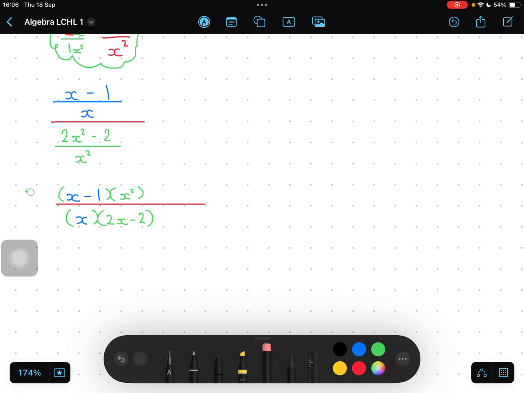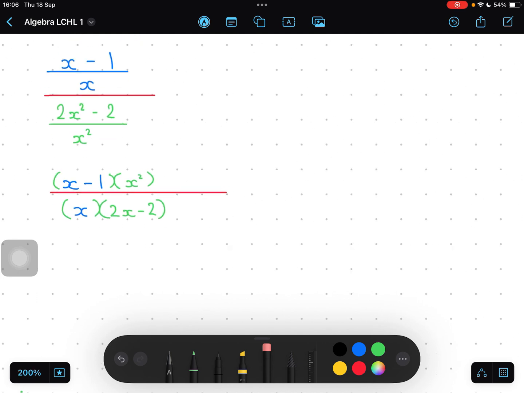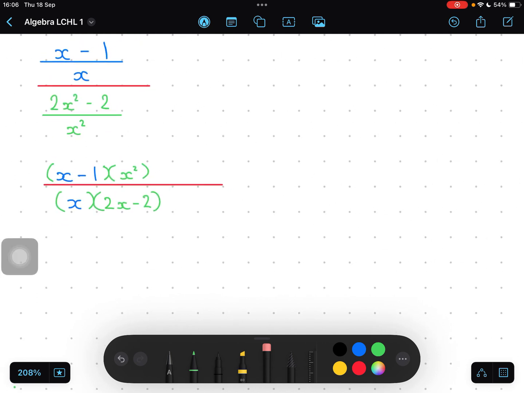Now when we're looking at these, can we factorize this out anymore? This bracket's fully factorized. This, I could write as x times x, that's fine. This I took down incorrectly. It should have been an x, 2x squared. Oops. So 2x squared minus 2, and I can factorize out the 2 in that.